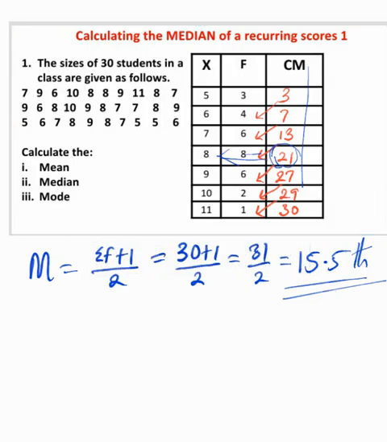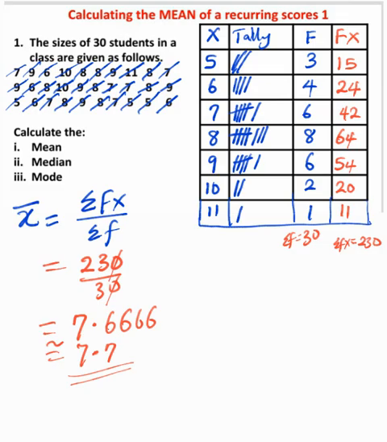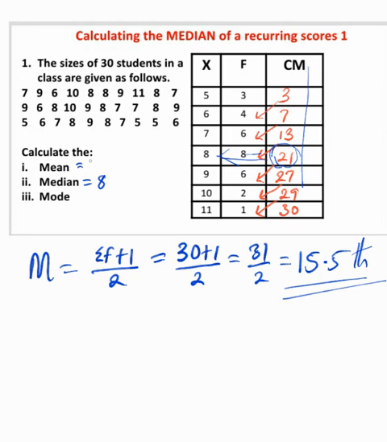Therefore, we estimate the median by tracing this particular column to the scores given here, and we're going to have 8 as our median. Therefore, the median is equal to 8, and the mean we got then is 7.7.